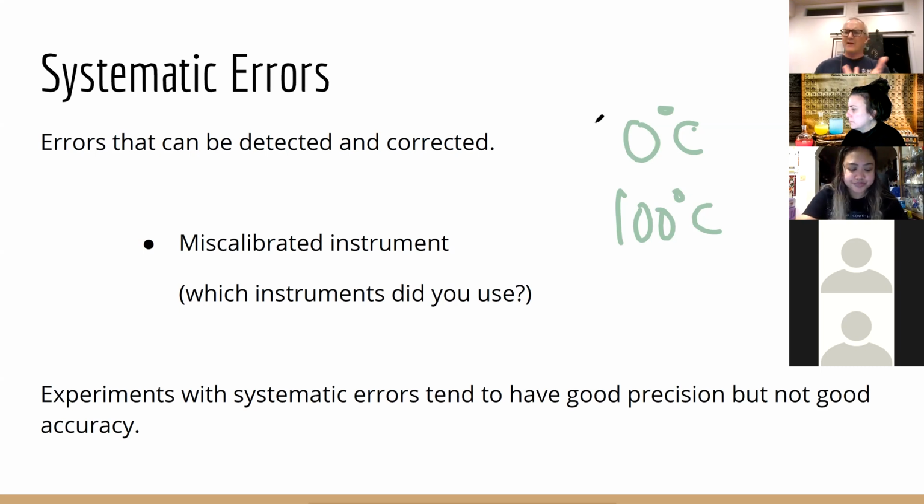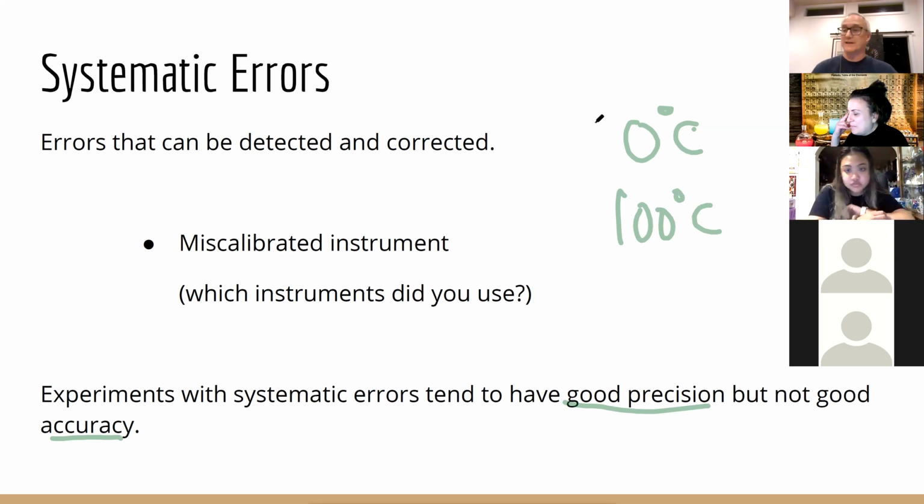So if you have an error like that, those tend to have good precision, but poor accuracy. Now, what's the difference between precision and accuracy? What does precision mean? It means a consistent measurement.